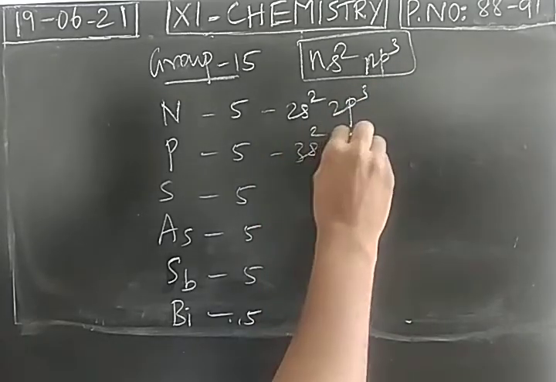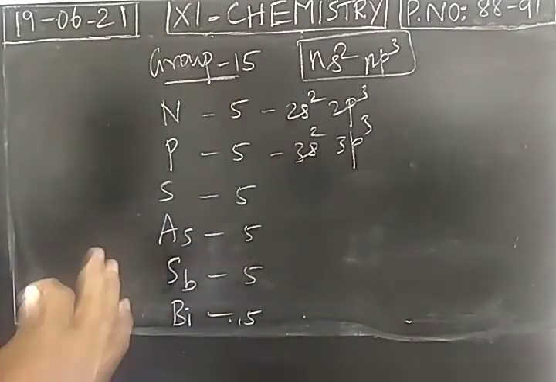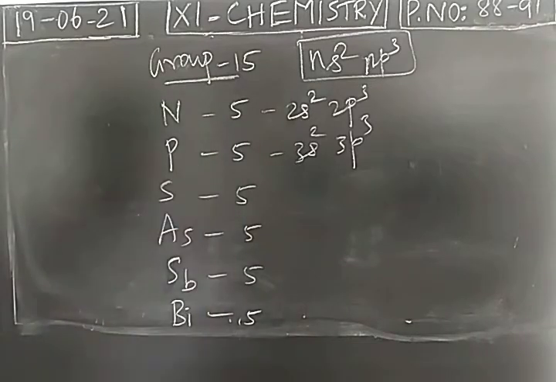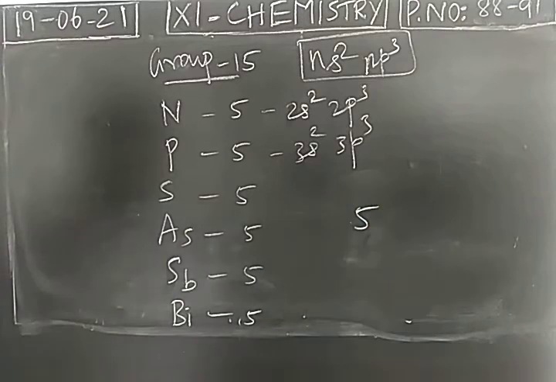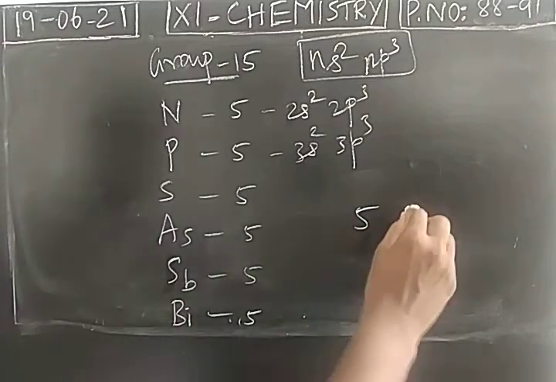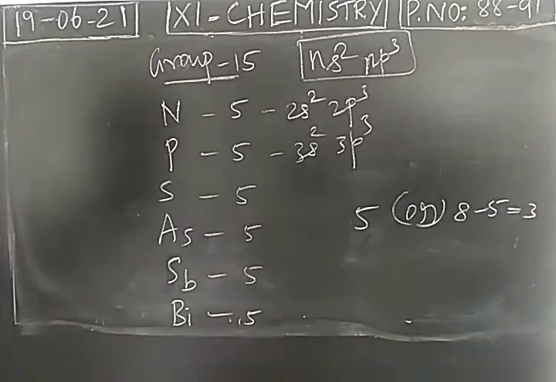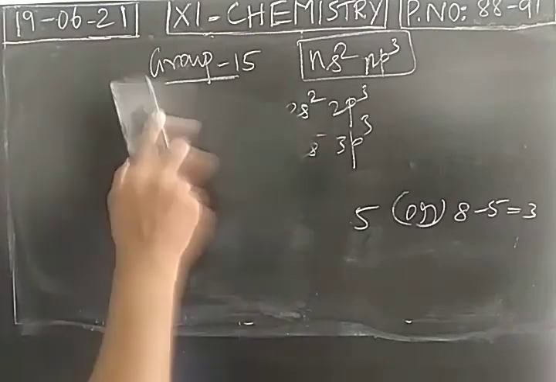Phosphorus, 3s2 3p3, like that. So totally 5 electrons will be present in the outermost shell in group number 15. So all the elements will have 5 valence electrons. So it exhibits 2 types of valences, either 5 or 8 minus 5, that is 3. So variable valence or variable oxidation state is possible for elements in group number 15.